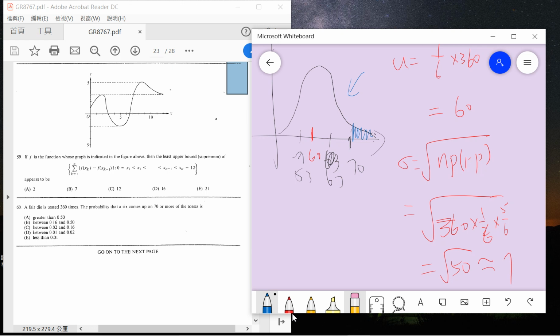Although you can guess the answer should be B or C, which one is correct?